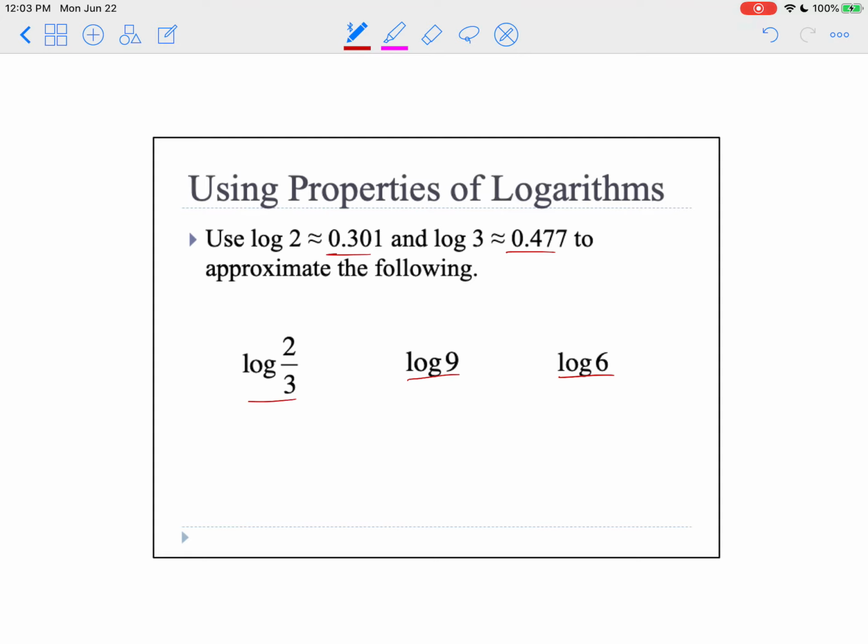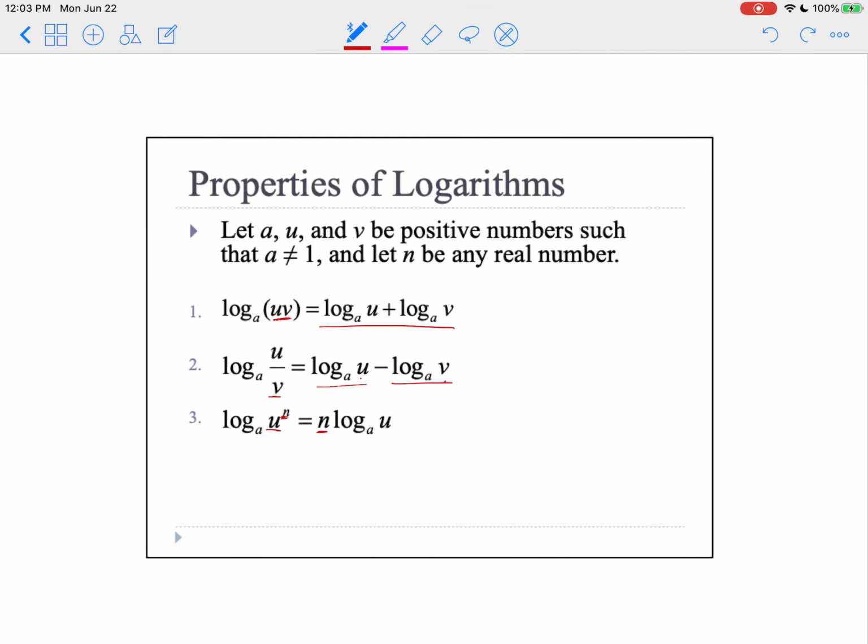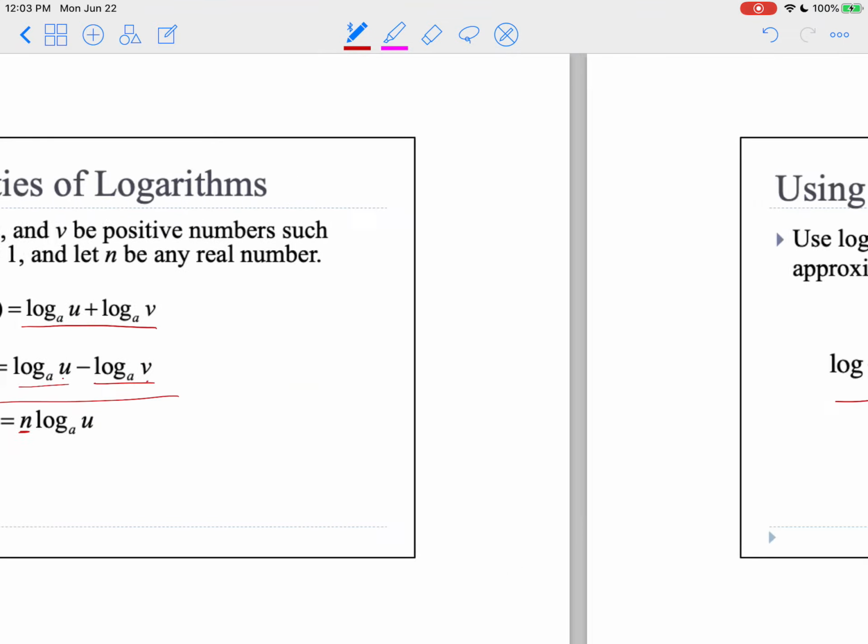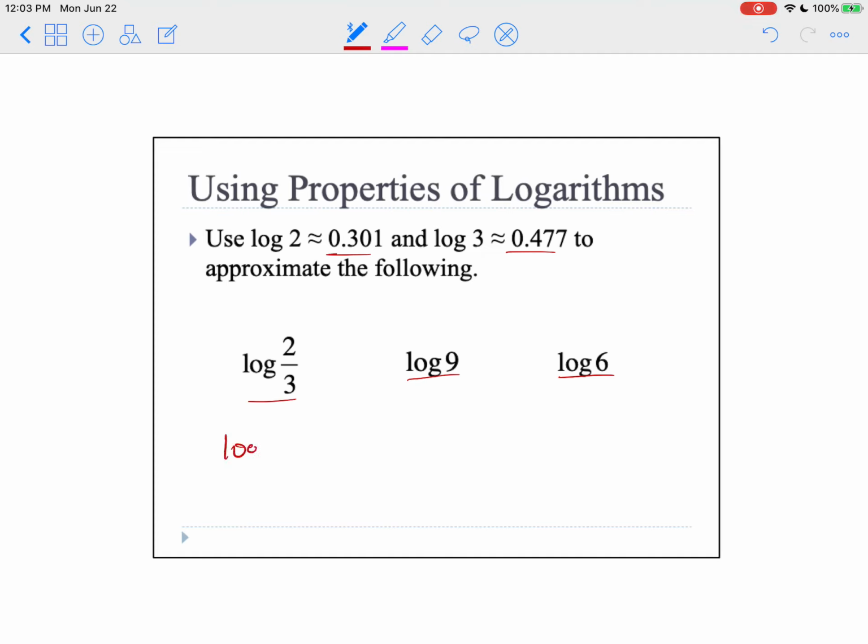So the first one, log of 2/3. I can use this second property here to rewrite log of 2/3 as log of 2 minus log of 3. Now we know log of 2 is 0.301 and log of 3 is 0.477. I'm going to use my calculator anyway, but I'm just not going to use the logarithmic function in my calculator.